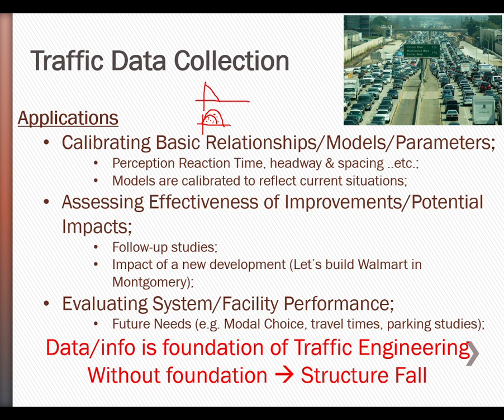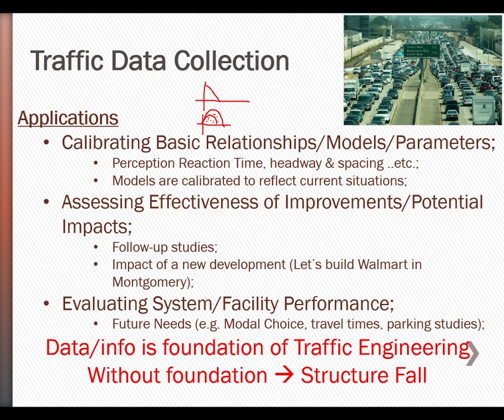So perception reaction time, for example, let's say the perception reaction time we have now is 2.5. But we collected more data and we found that people are drinking less now and driving less. So it's getting less than 2.5. So we can do this calibration, fixing and tweaking and fine-tuning your models and your values.